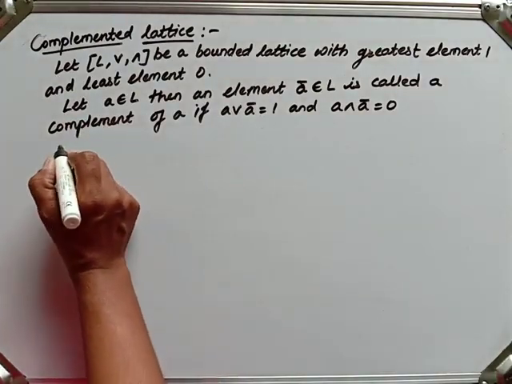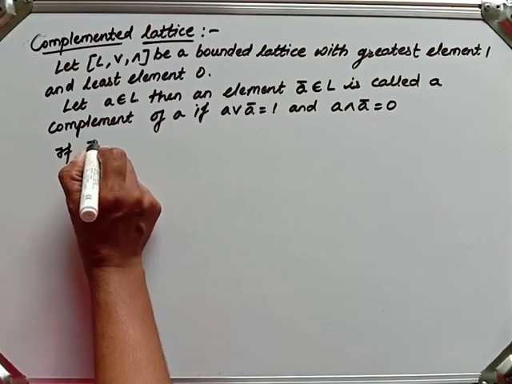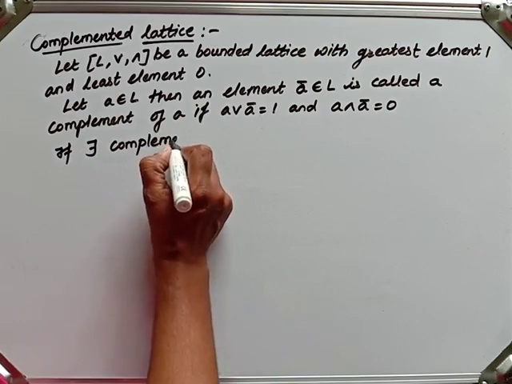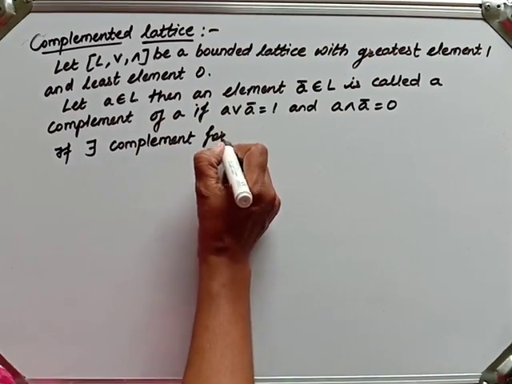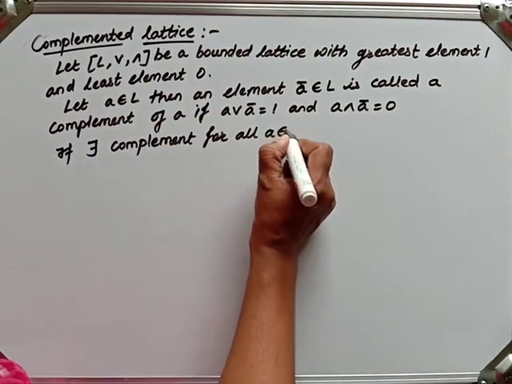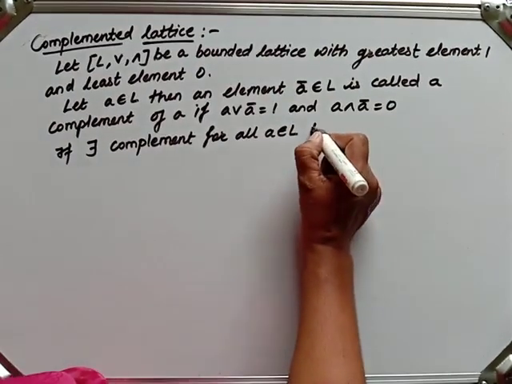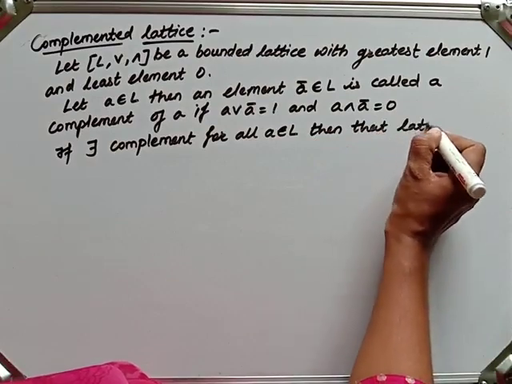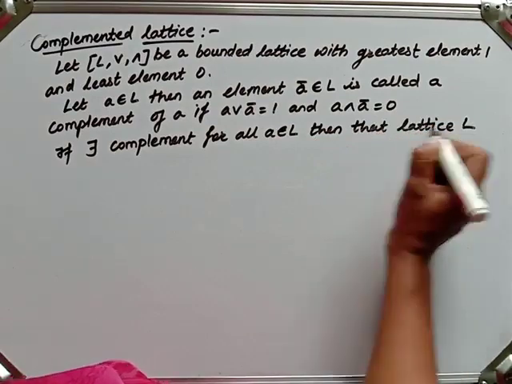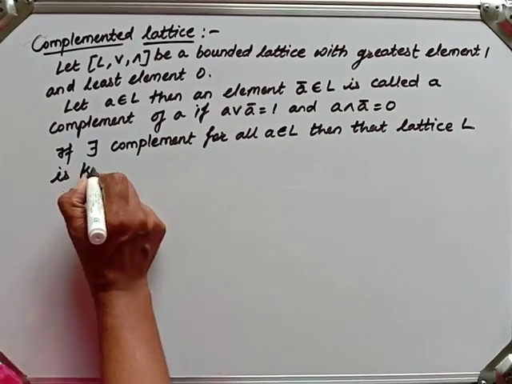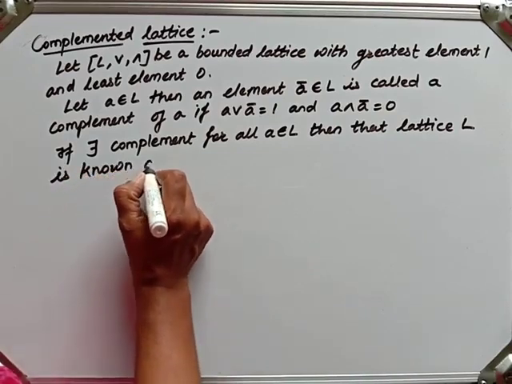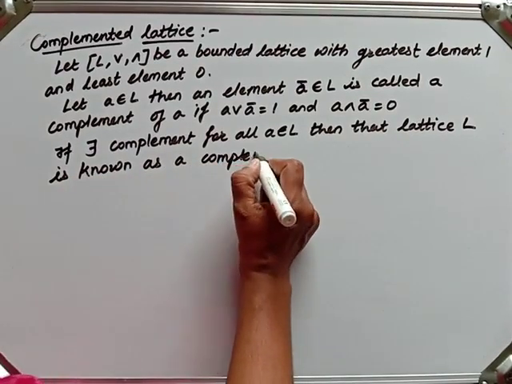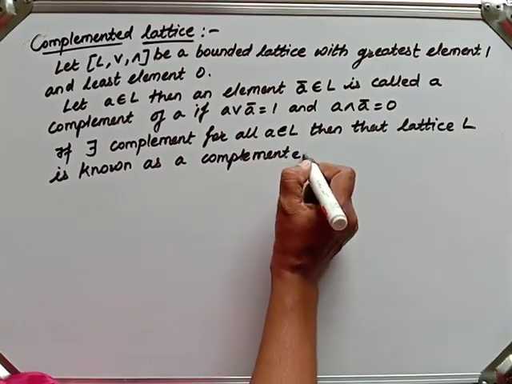Now, if there exists a complement for all A belonging to L, then that lattice L is known as a complemented lattice.